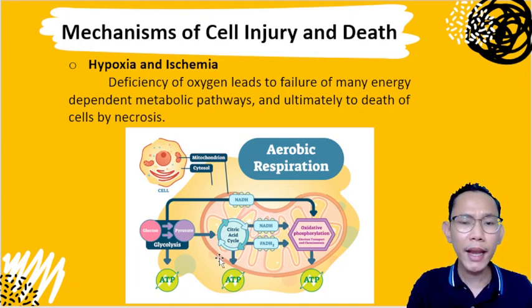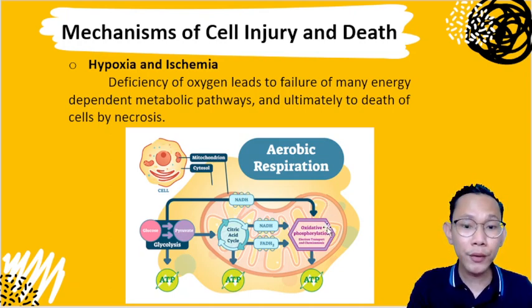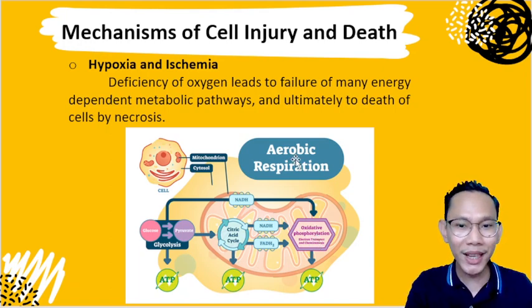Sa citric acid cycle, we will be able to produce a lot of energy. Pero, do you think that this is still enough? Of course, hindi pa. It needs to undergo now your oxidative phosphorylation. Remember, oxidative phosphorylation. From the name itself, oxidative, and the name itself, aerobic, kailangan niya ng oxygen.